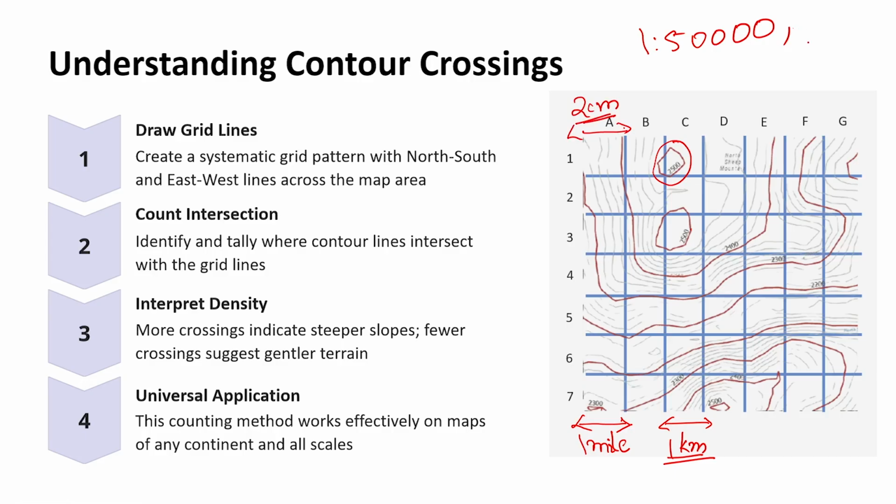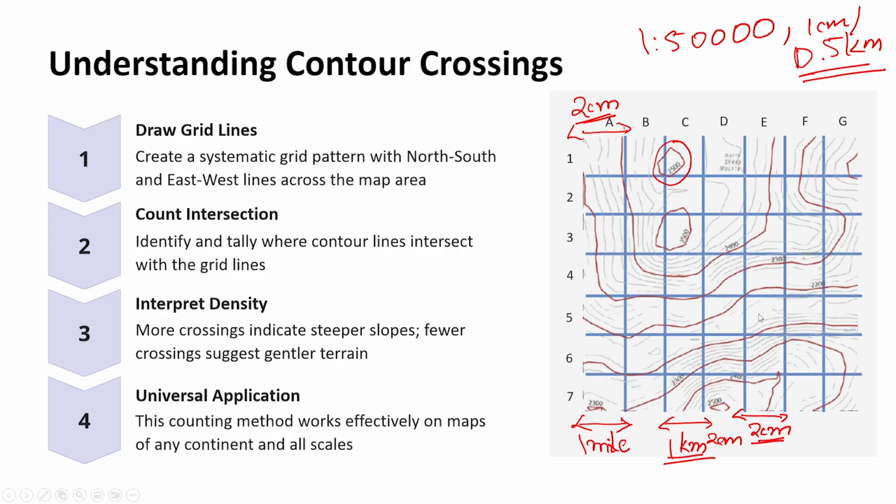because 1:50,000 means 1 centimeter on the map represents 0.5 kilometers on the ground. So, since we have 1 kilometer grids, we are going to take it as 2 centimeters. Each square is going to be of side 2 centimeters.